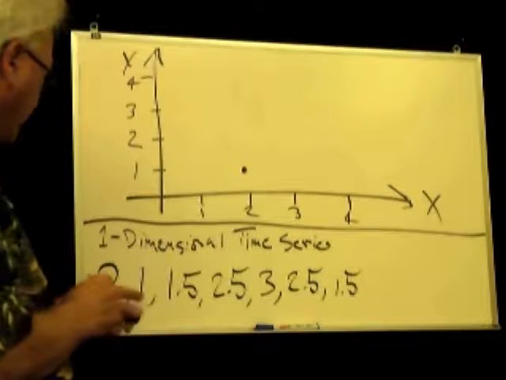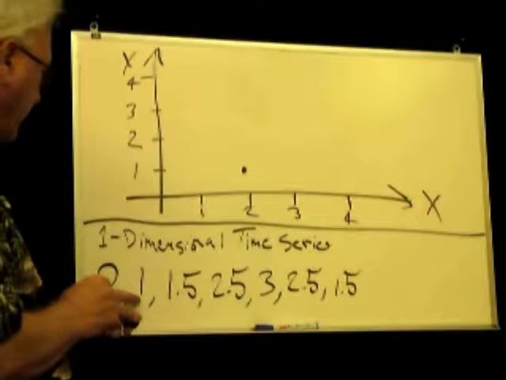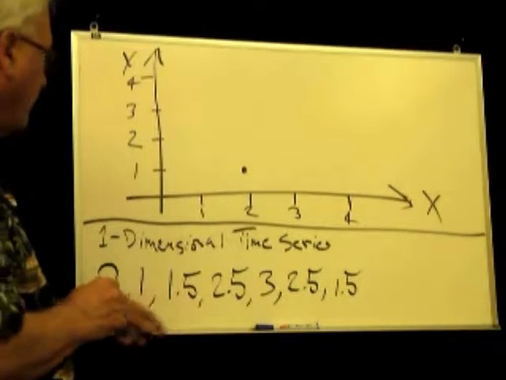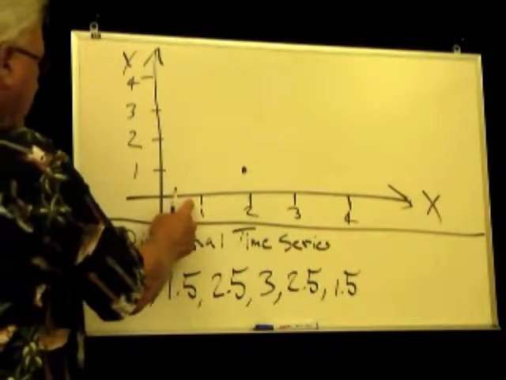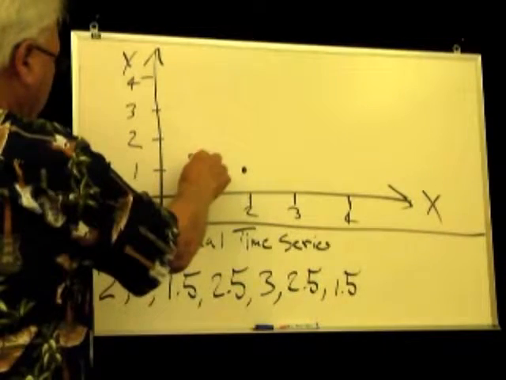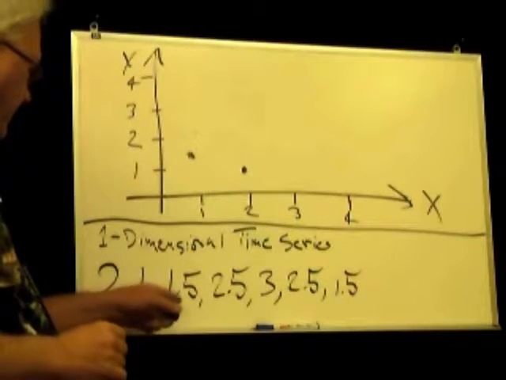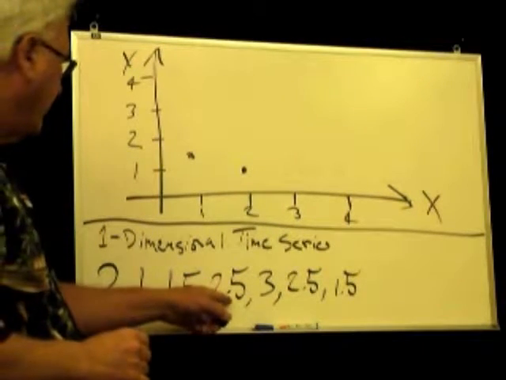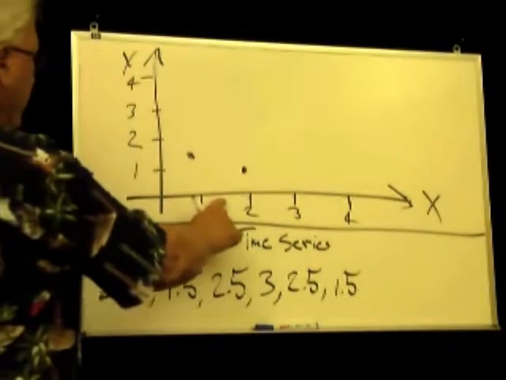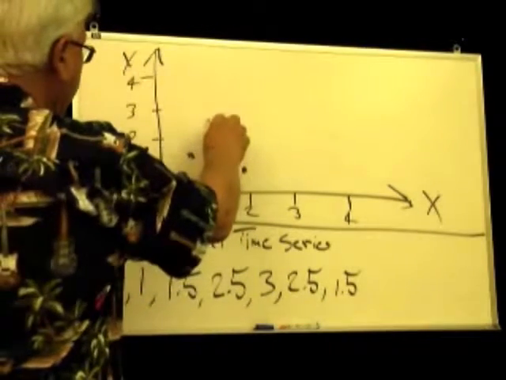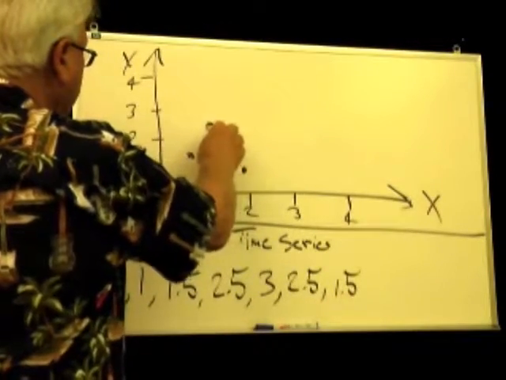So 2, 1, and then we're going to have 1, 1.5. Well, here's 1, here's 1.5, and then 1.5, 2.5. Here's 1.5, here's 2.5, somewhere in there.